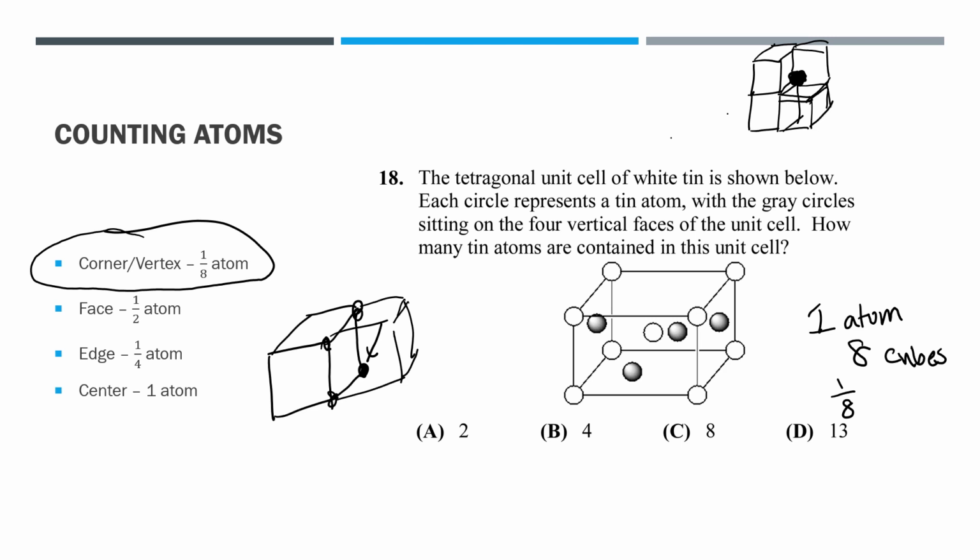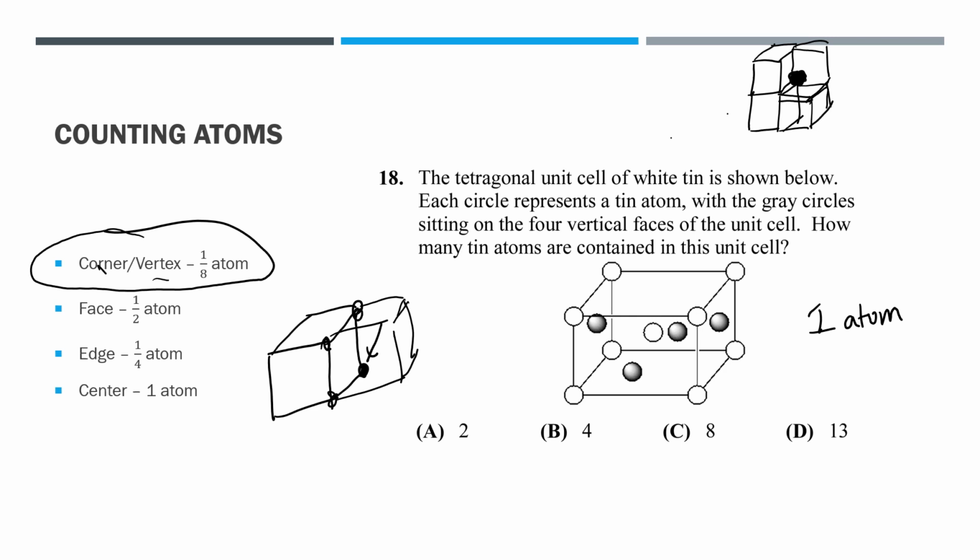Only 1/8. So we see that a corner or vertex atom in one unit cell is actually only 1/8 of an atom belonging to that unit cell. So this is important, because if you just counted that atom as one atom, you would get a wildly wrong answer, because it's actually 1/8 of an atom.